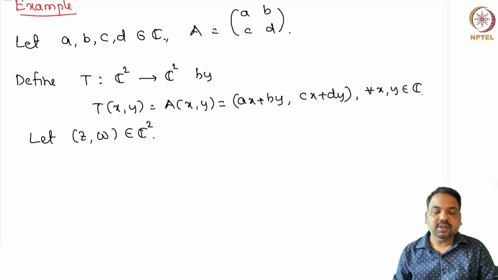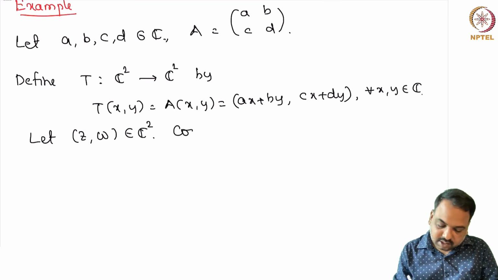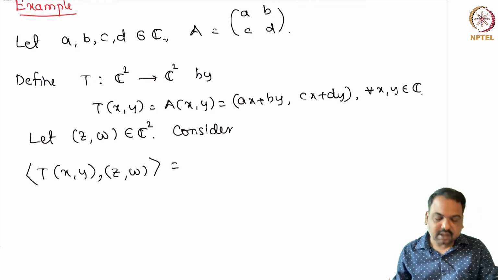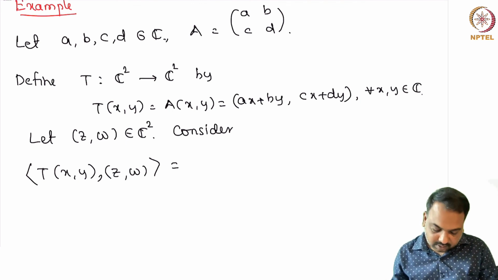Let us take another vector (z, w) in C2 and consider the inner product of T(x, y) with (z, w). Now we want to write this as the inner product of (x, y) with something. That something becomes T star.